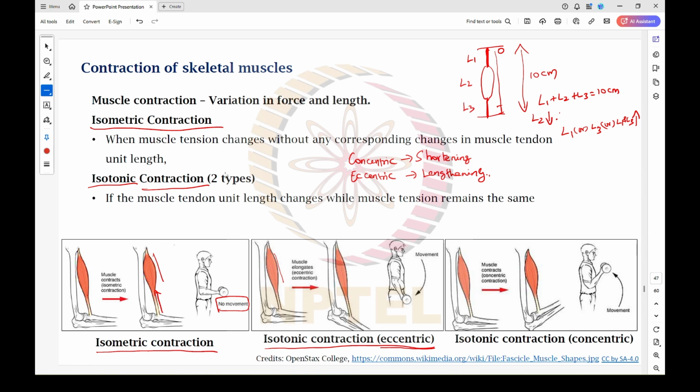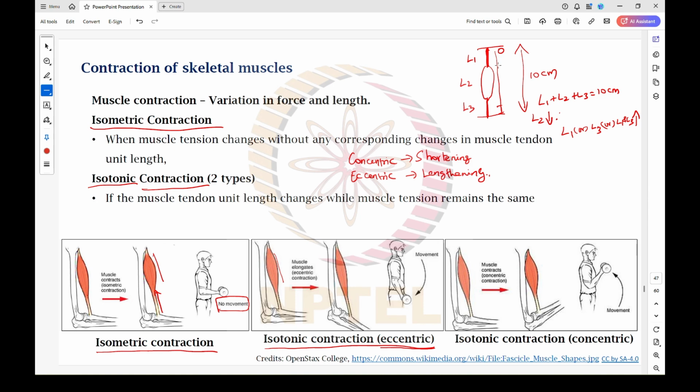So if you were to, suppose, hold a heavy weight in a constant position, that would be the isometric contraction condition, in which the muscle itself is contracting.